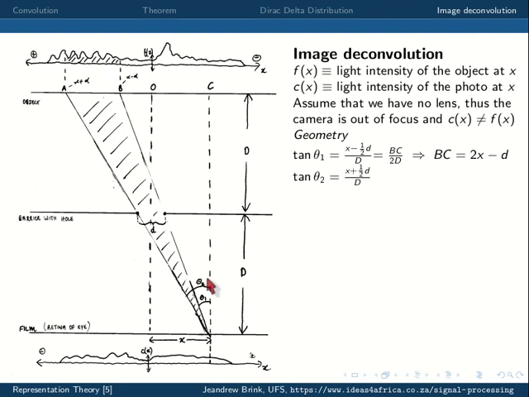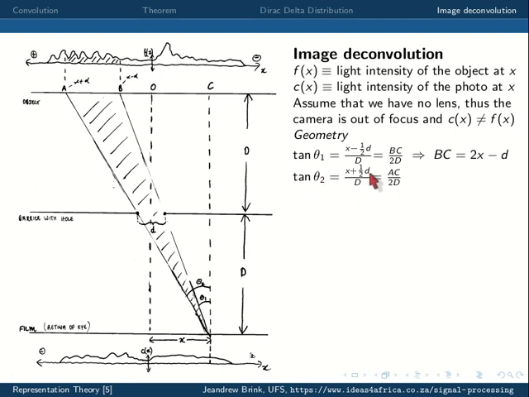And we can do the same thing with this other angle that goes to the other opening side of the image. We can say that tan of theta 2, theta 2 is over here, is simply x plus a half d over d, where x goes from there to there. And we're going to say that equals, on the actual image, the distance AC over 2d.